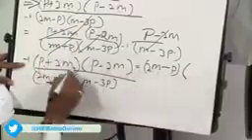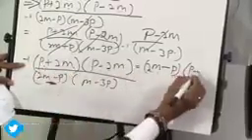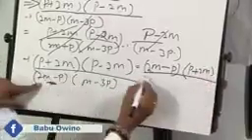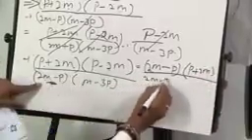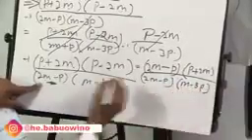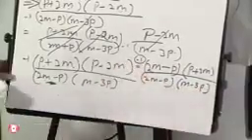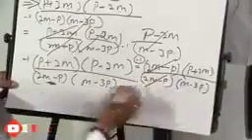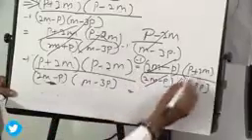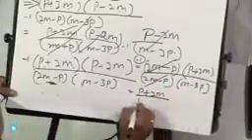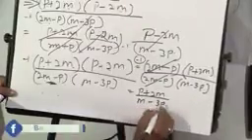Into bracket p plus 2m divided by 2m minus p into m minus 3p. Remember, we have negative here. So 2m minus p over 2m minus p cancel, and here you remain with p plus 2m divided by m minus 3p.